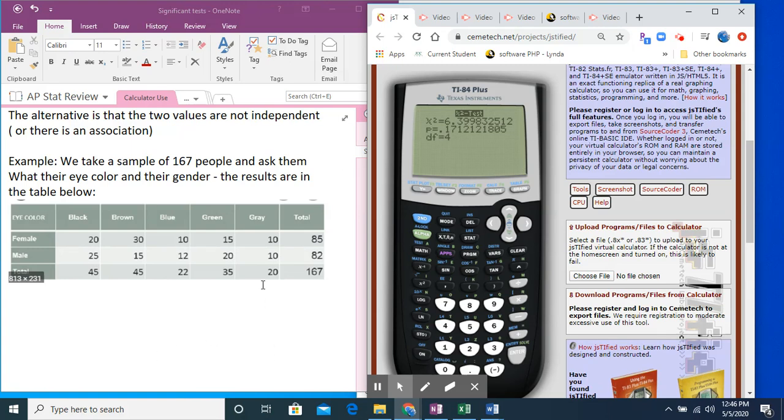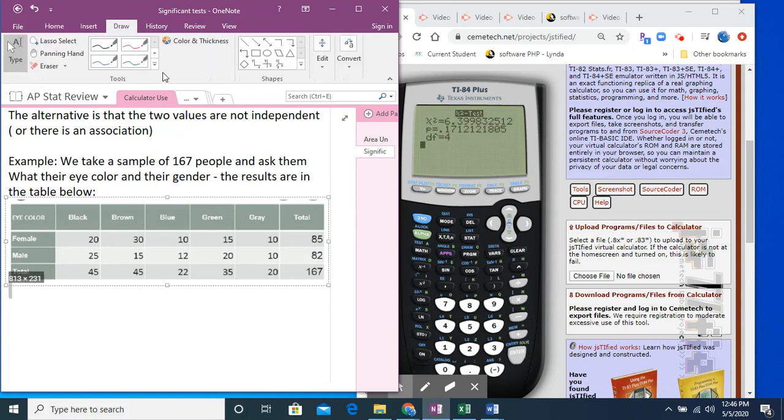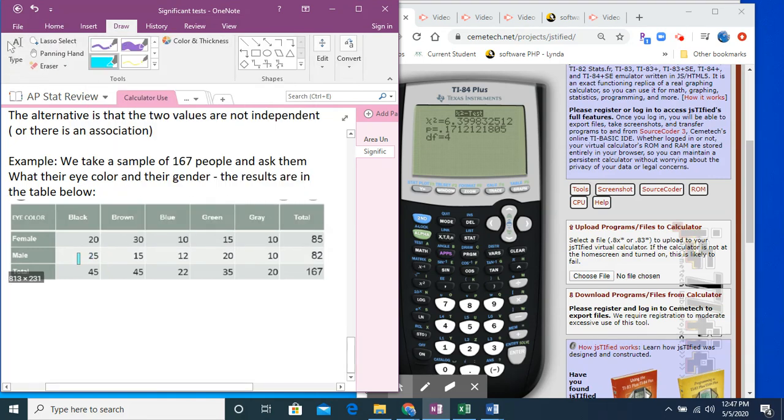Remember, one way I looked at this, or the way I showed you in class, is if you take your data table and if you block off, and I'm going to go ahead and highlight this so you can see it. Okay, if I block off one row of the table, or the last row, and I block off the last column, the number of cells left over is your degrees of freedom. 1, 2, 3, 4.